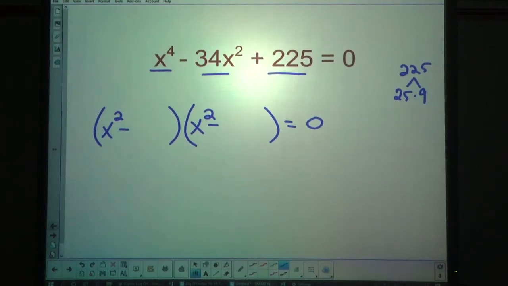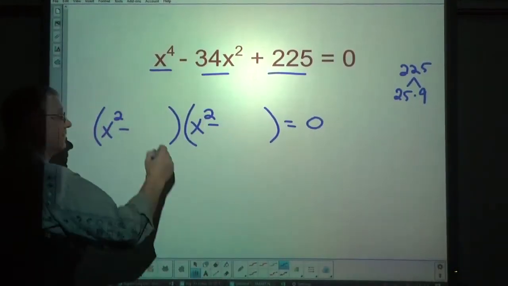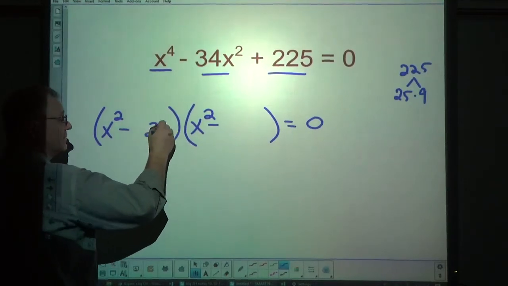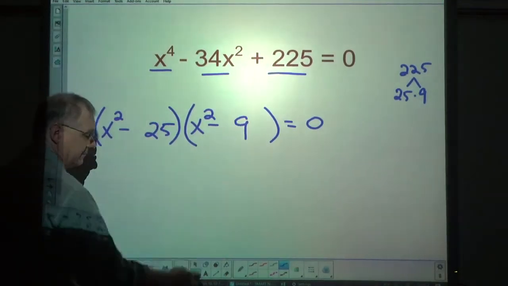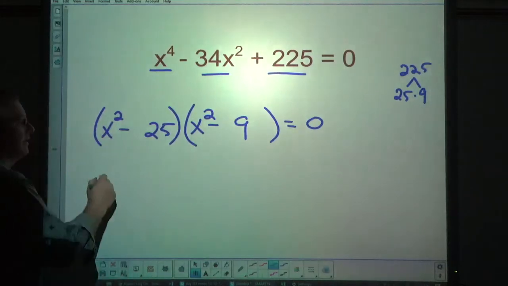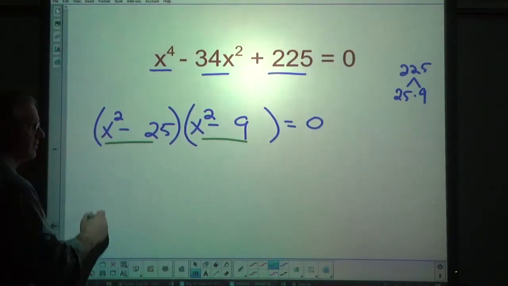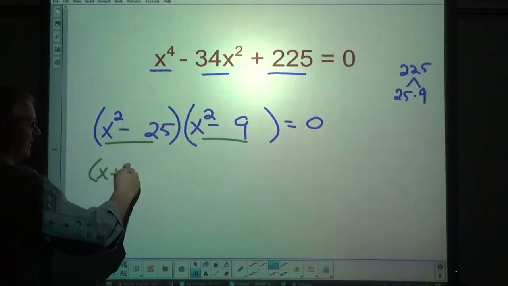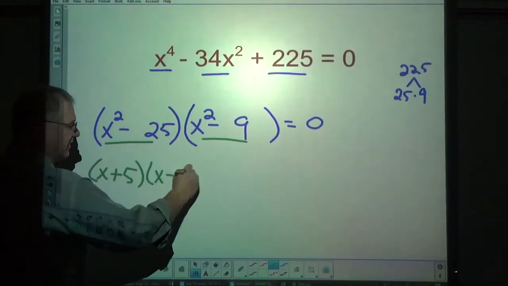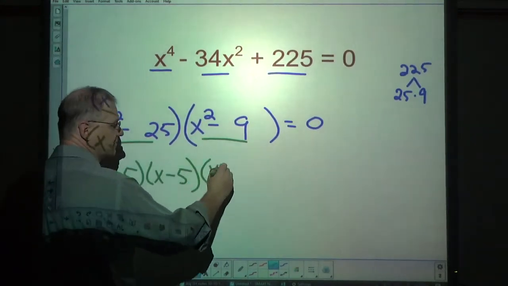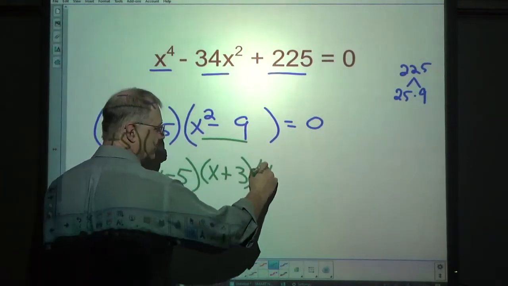Does 9 plus 25 give you 34? It happens to. So we stumbled upon the correct setup: 25 and 9. And this is difference of squares, so is this. So x plus 5, x minus 5, this one, x plus 3, x minus 3.